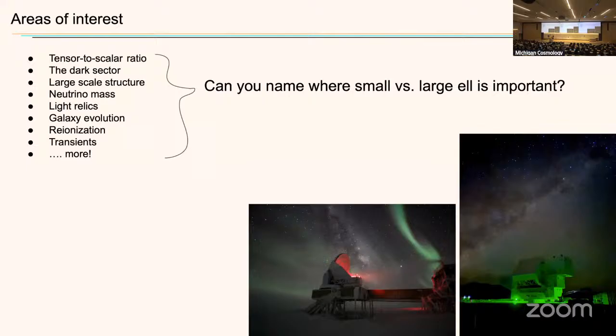So maybe both, but definitely you want high resolution. Okay, light relics. Yes, high L. And then the rest I'm just gonna throw into the high L basket because I like large telescopes. Low L is also important in a variety of ways, but less so for astronomical imagery, obviously.